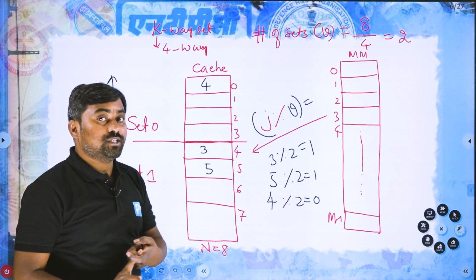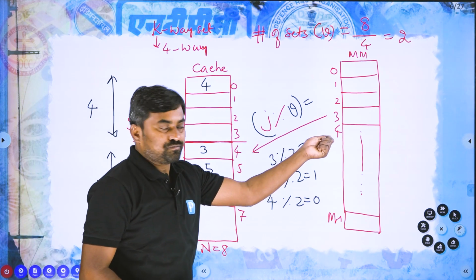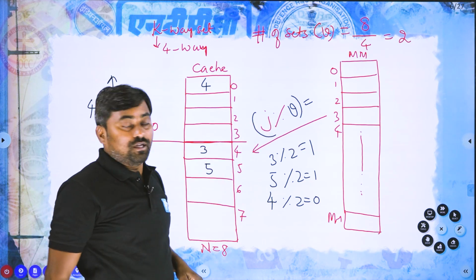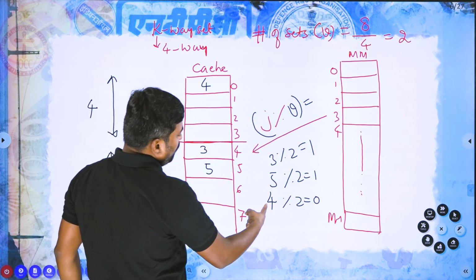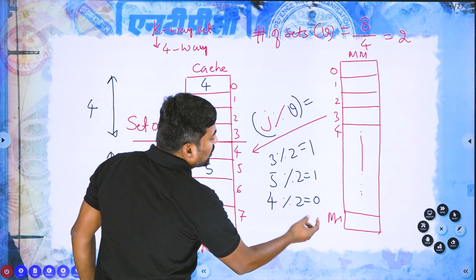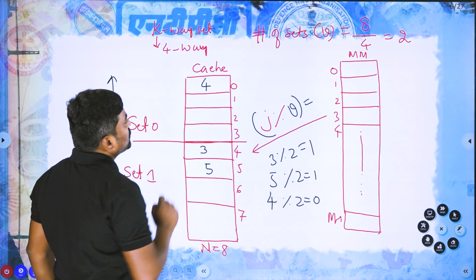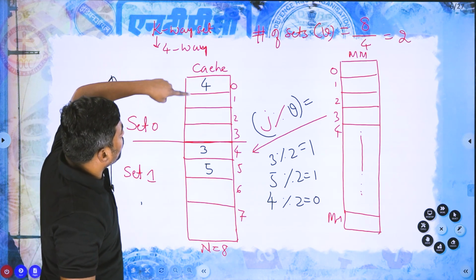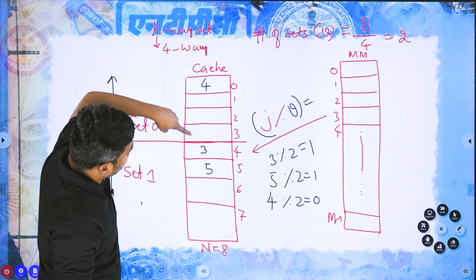Now, what is the question here? Any block I take comes to one set. So what is the size of the set? In the example, 4 modulo 2 gave 0, so you map it to set number 0. Where can I place 4? You can place it in any of these four positions.